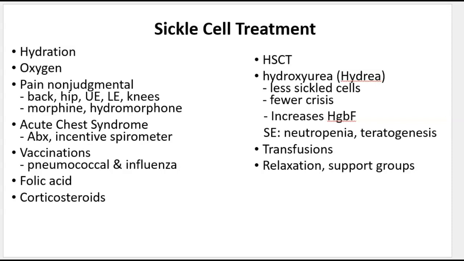Folic acid is an important part of the care of a person with sickle cell disease. Hydroxyurea is the other medication. Hydroxyurea is one medication that is shown to truly be clinically beneficial. What it does is it increases hemoglobin F. So that is the fetal hemoglobin.